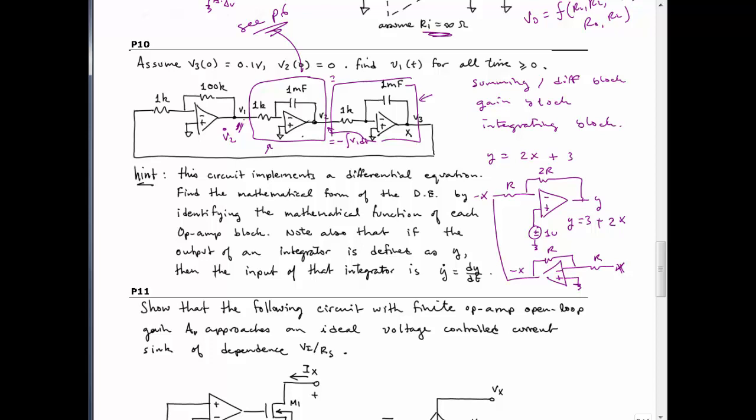Okay? And V3 double dot is equal to whatever this gain is here, right? This is inverting, so like a minus R2 over R1 times this V3. And it's a chicken and an egg.